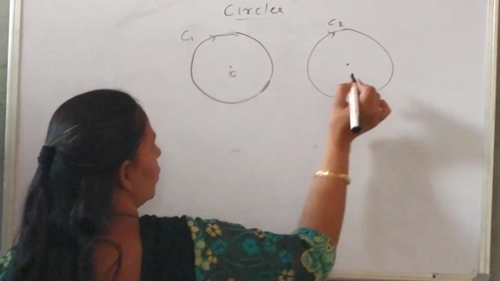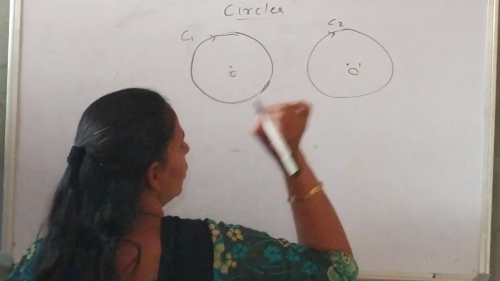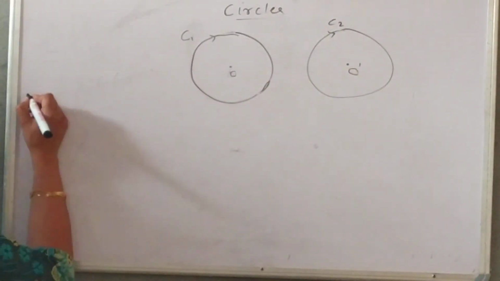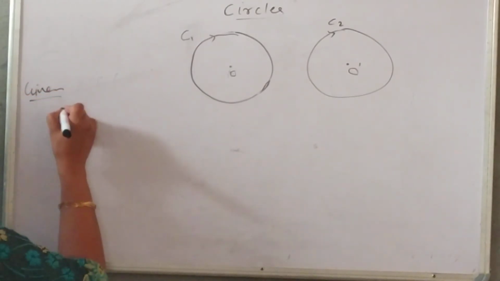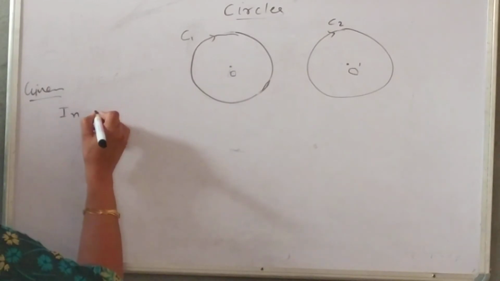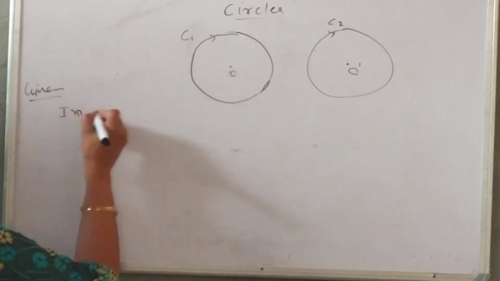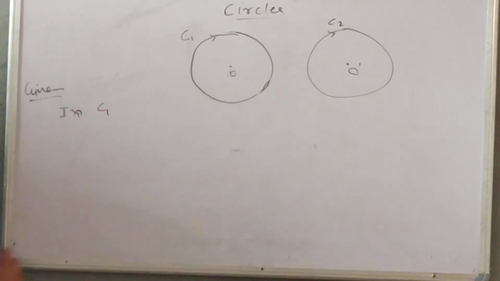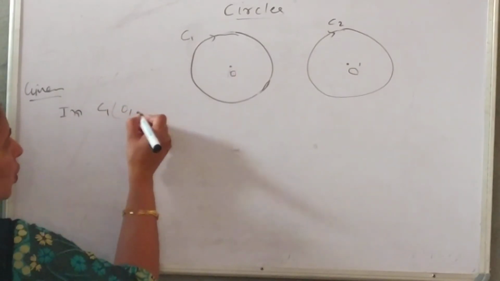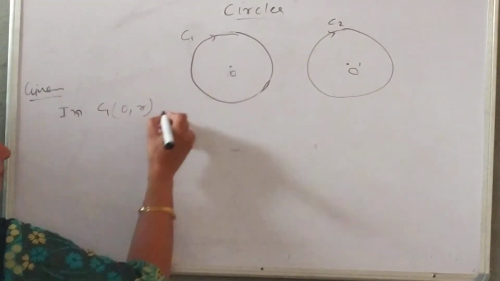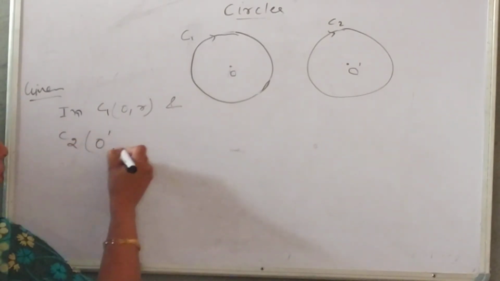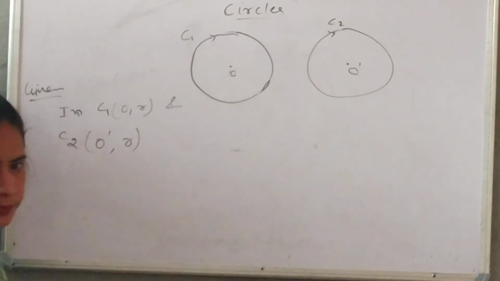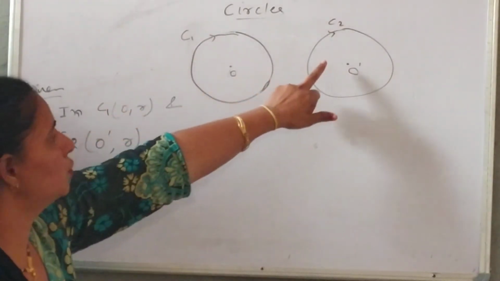Its centers are O and O dash. So two circles are given: circle C1 with center O and radius R, and C2 with center O dash and radius R.